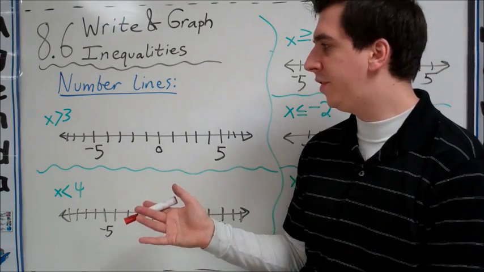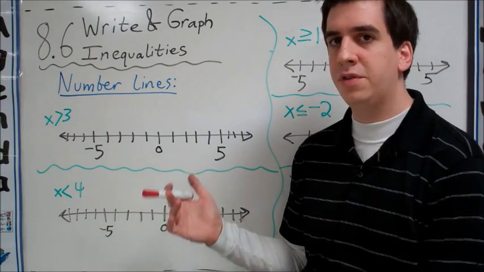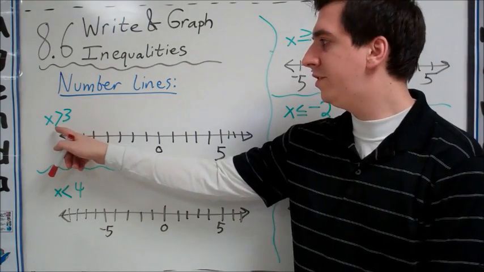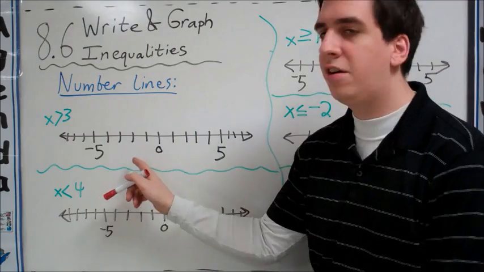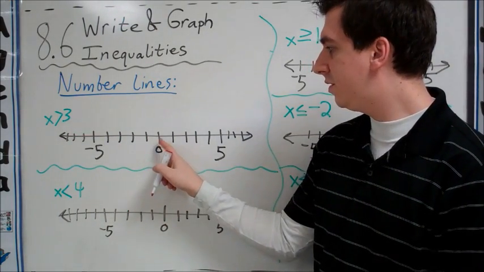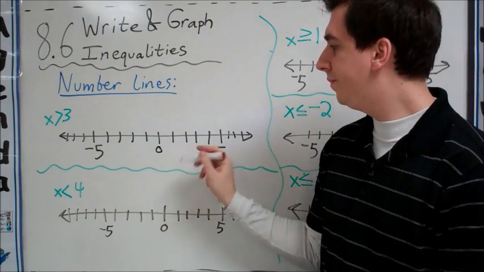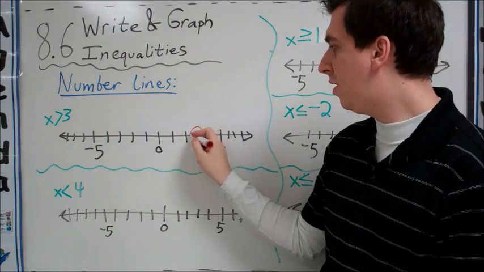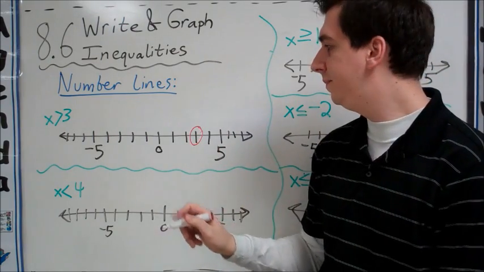Now we're going to put the two together. We're going to use a number line to show what possible solutions we could have for each inequality. Let's start here. X is greater than 3. On our number line, let's locate where 3 is first. 3 is over here. Since we have a greater than symbol, we're going to draw an open circle.